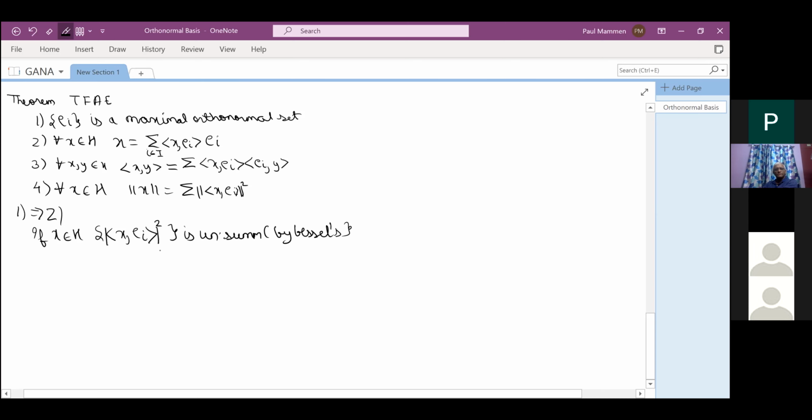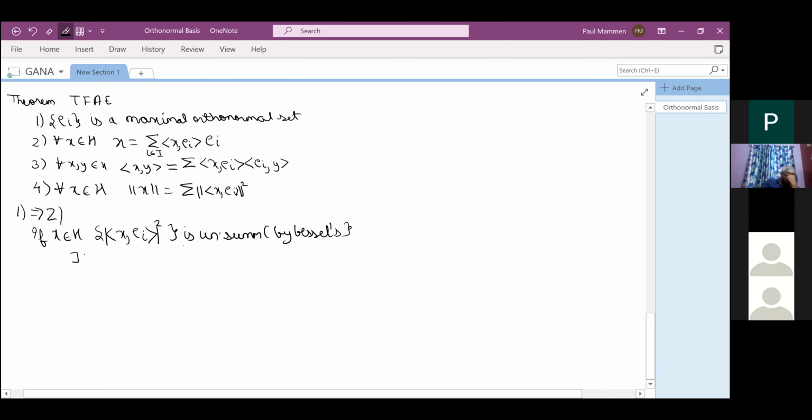Since any finite sum is, more specifically, upper bounded by mod of x squared by Bessel's inequality, and so since it has an upper bound, it is unconditionally summable by the equivalence that we've seen.